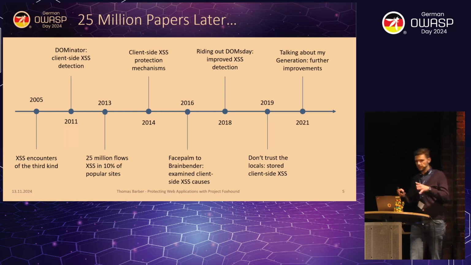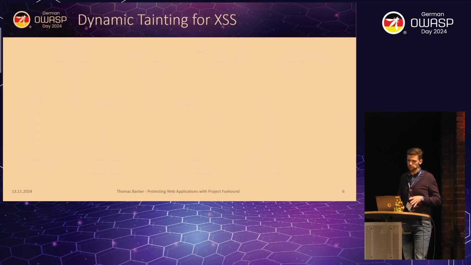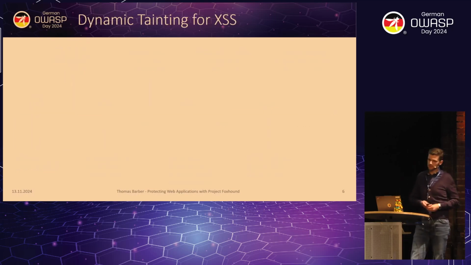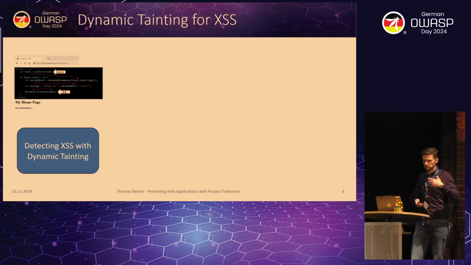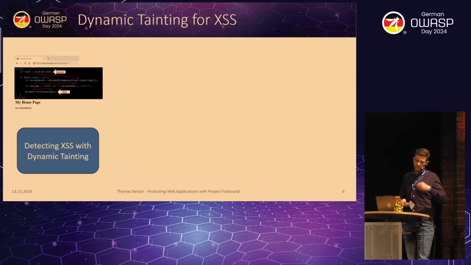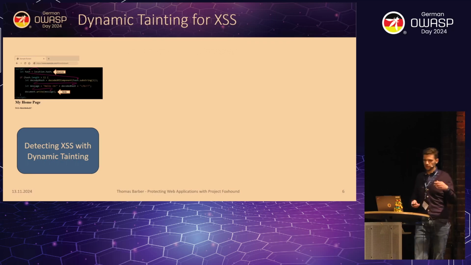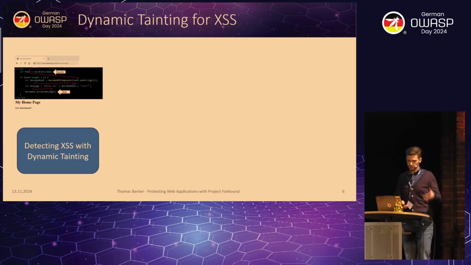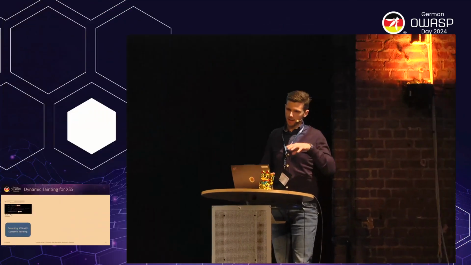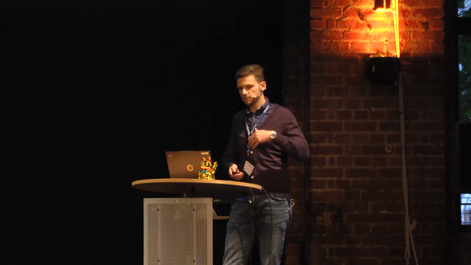And what all of these papers have in common is that they all use a technique called dynamic tainting. And dynamic tainting basically detects these insecure data flows, which I showed a few slides earlier, which are the cause of client-side XSS. And all of the studies which I showed use the same technique.